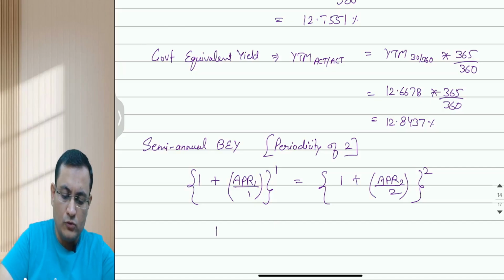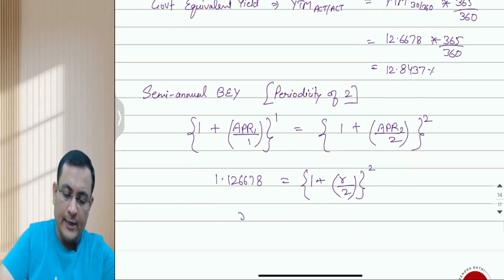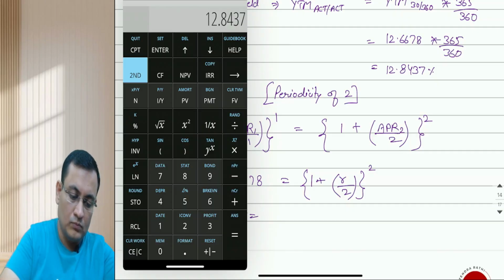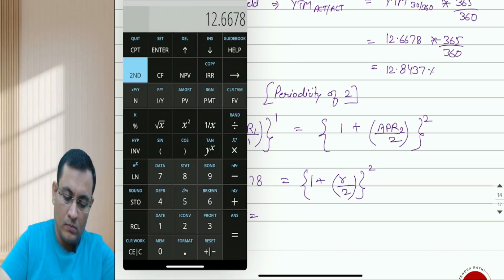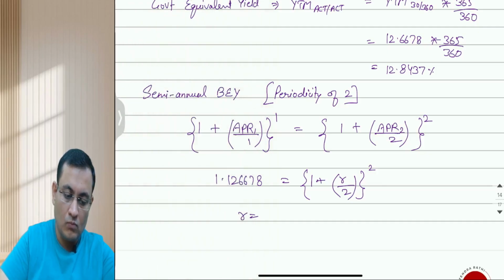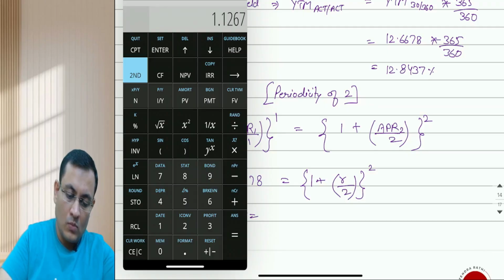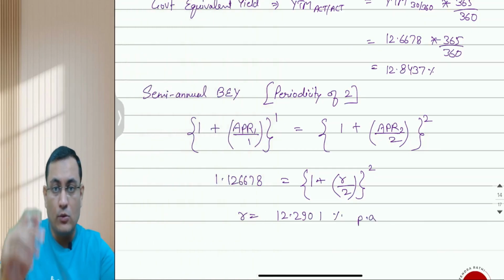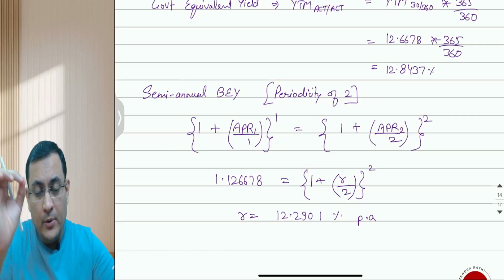So let's put the values. 1.126678 is equal to (1 plus R upon 2) whole power 2. So R is equal to square root, minus 1, multiplied by 2 multiplied by 100. So R is equal to 12.2901% per annum, and this is quoted on a semi-annual periodicity basis.